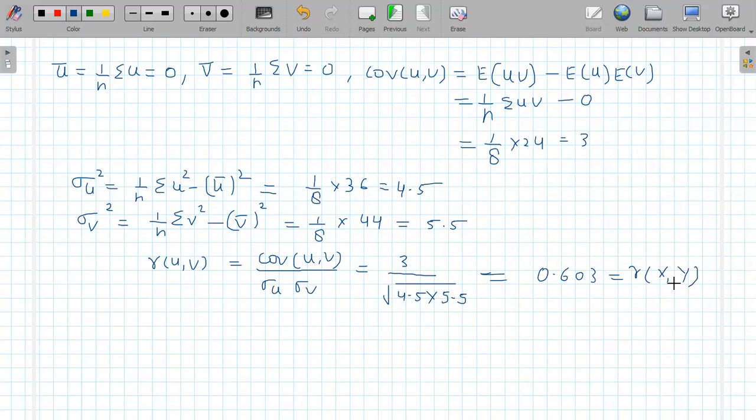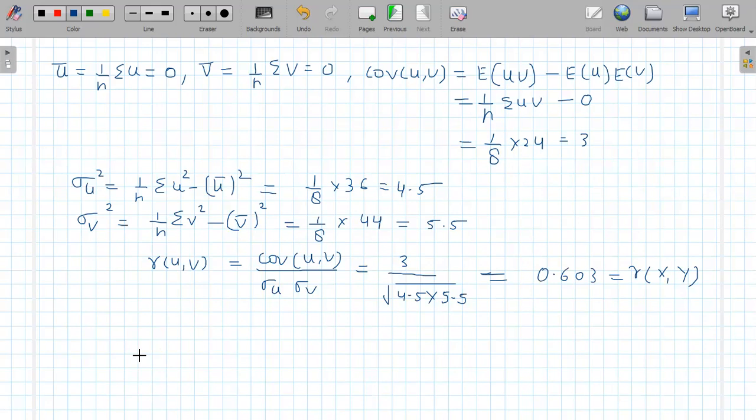Once we have the value of Rxy, now we will find the equations of the regression lines by using the formula that I told you in the last class. The regression line of x on y is x minus x bar equal to R sigma x over sigma y into y minus y bar.